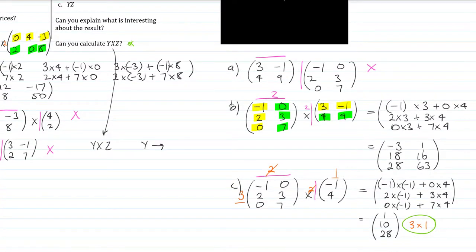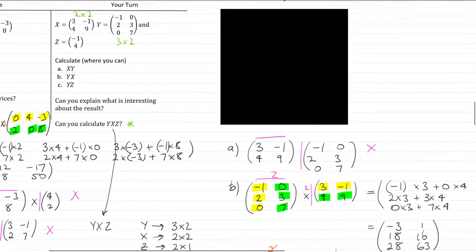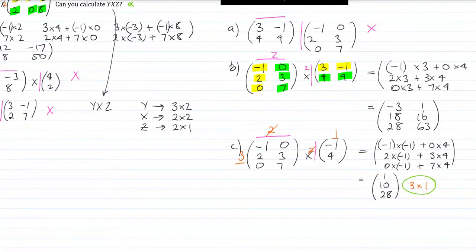So I'll put a little arrow, 3 by 2, x is a 2 by 2, and then z is a 2 by 1. Is that right? 2 by 2? Yep, perfect. So yxz is going to be a 3 by 2 multiplied by a 2 by 2 multiplied by a 2 by 1. So technically, as long as the internal dimensions match. 3 by 2 times 2 by 2 will give us a 3 by 2 result.